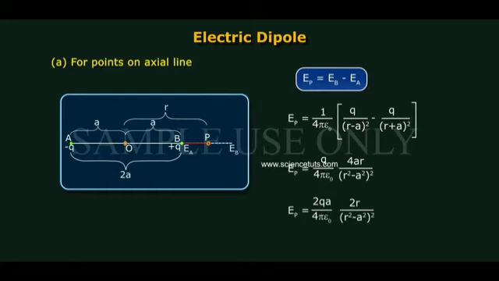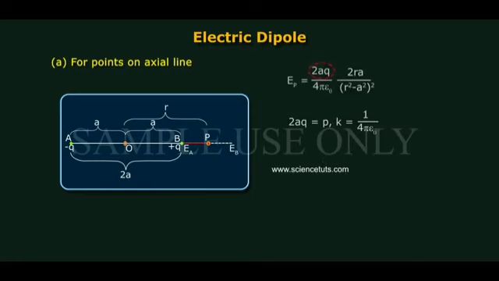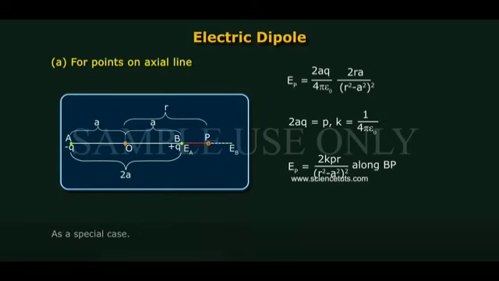EP is equal to 2 Q by 4 pi epsilon naught 2AR by R square minus A square whole square. 2AQ is equal to P. K is equal to 1 by 4 pi epsilon naught, or EP is equal to 2 kpr by R square minus A square whole square along BP.